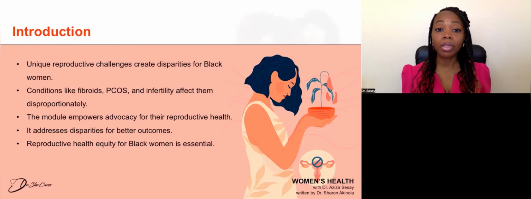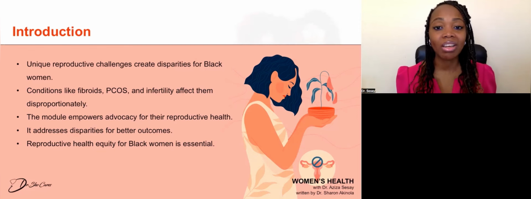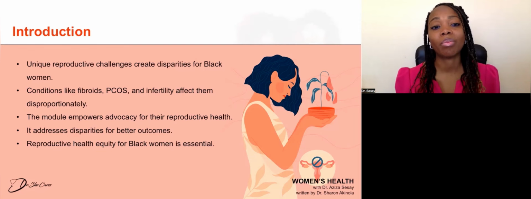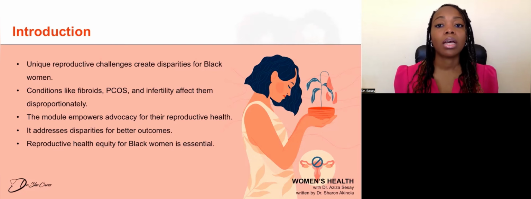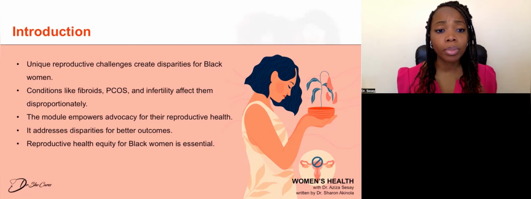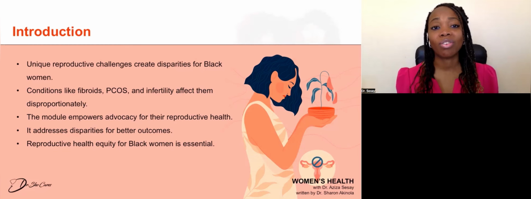In this module, we're going to help empower advocacy for all of us and anybody watching to be able to advocate for their reproductive health. We are going to address disparities so that we can ensure better outcomes. And finally, we're hoping that there will be reproductive health equity for all of us Black women, because that is essential.